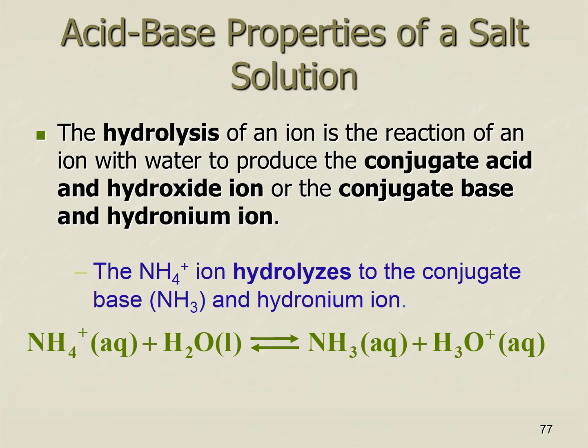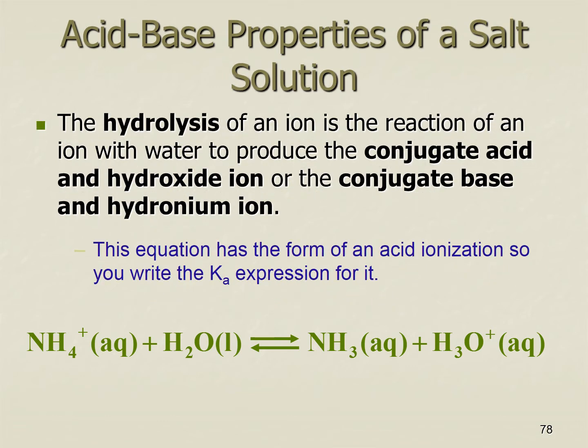It could be NH4Cl or whatever. It's the positive ion from a salt that hydrolyzes to give its conjugate base and the H3O+. And in a similar way, because it's acting like an acid, we can write the Ka expression for it, which again we'll do in a little while.